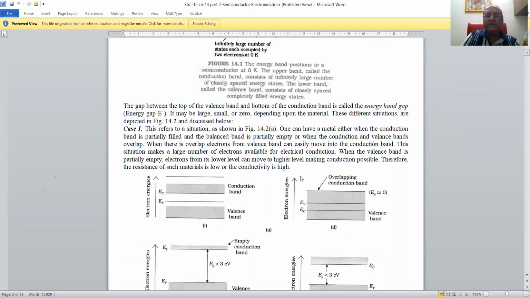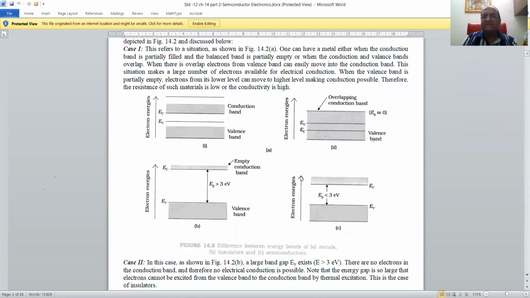Now if we think about all these three materials, conductors, semiconductors and insulators, then here see, as per the energy band structure, we can say atoms have valence band and conduction band.